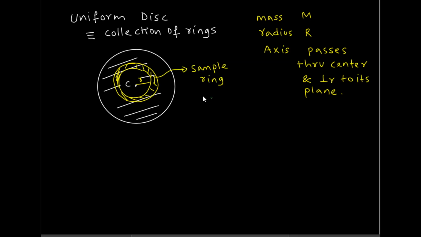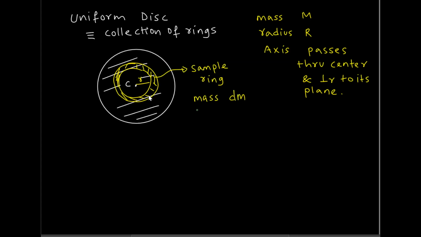And the mass of the sample ring, like in the other class when we saw the center of mass calculation, whenever we take a sample element, we use the differential term dm.